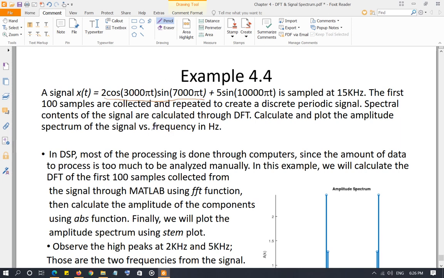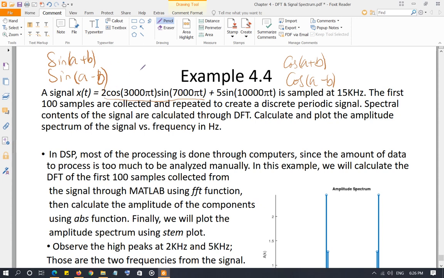Anytime you have a compound signal, two sinusoids multiplied by each other, you can always use the trigonometric identities, cosine a plus b and cosine a minus b, or sine a plus b and sine a minus b, to find out the frequencies involved for each component. So let's say 2 cosine 3000 pi t, sine 7000 pi t.